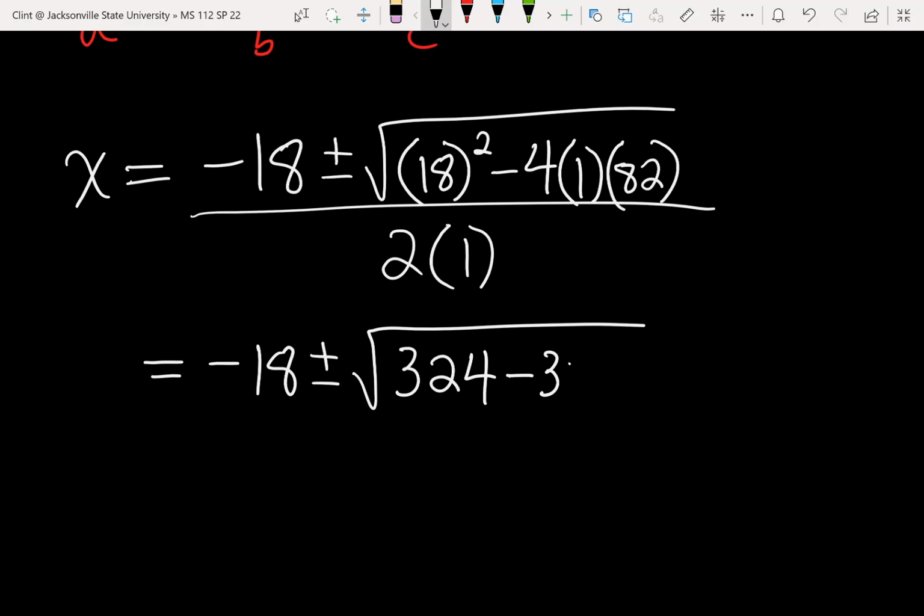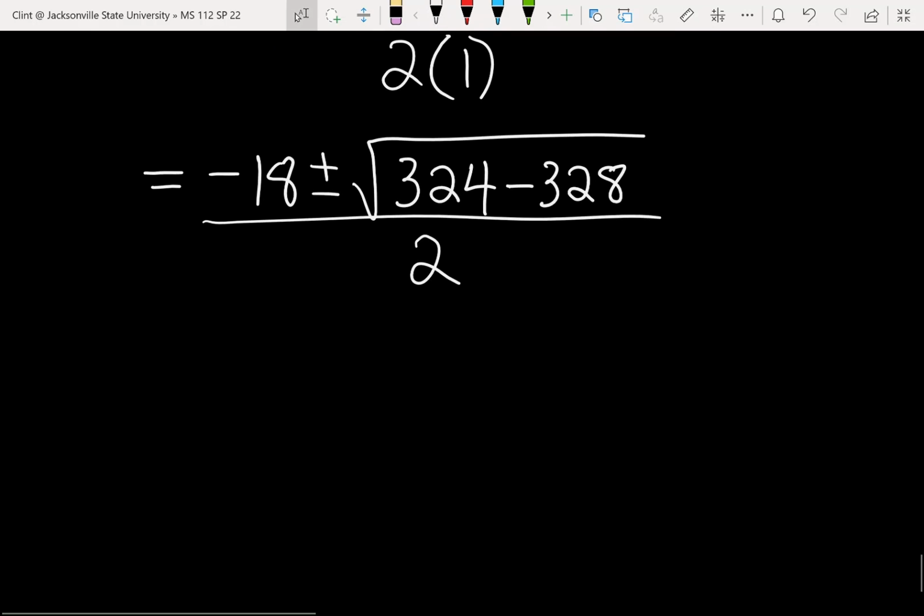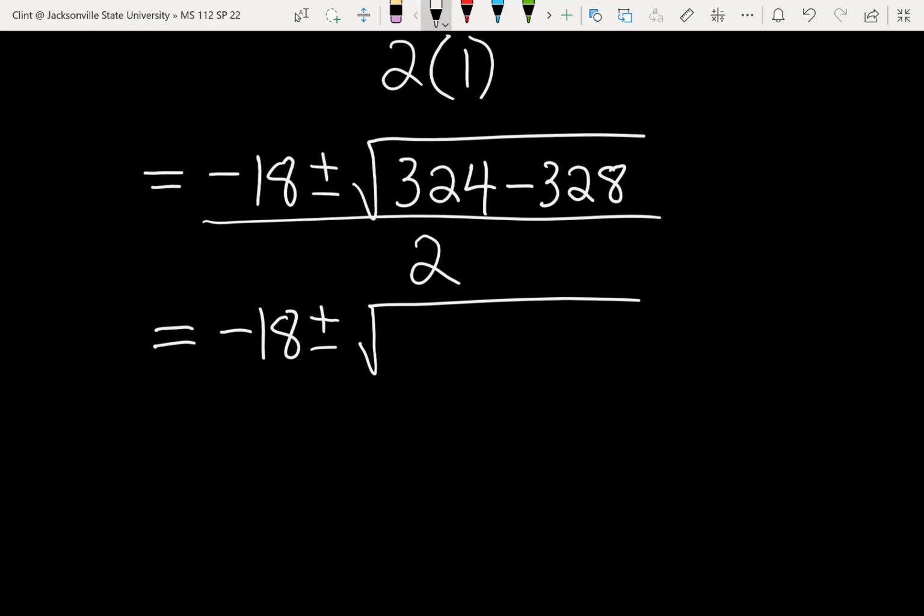That'll be negative 328. I didn't know either one of those in my head. I did both of those in the calculator. So if it works out, it's not too terrible. And in the radical, we have negative 4.